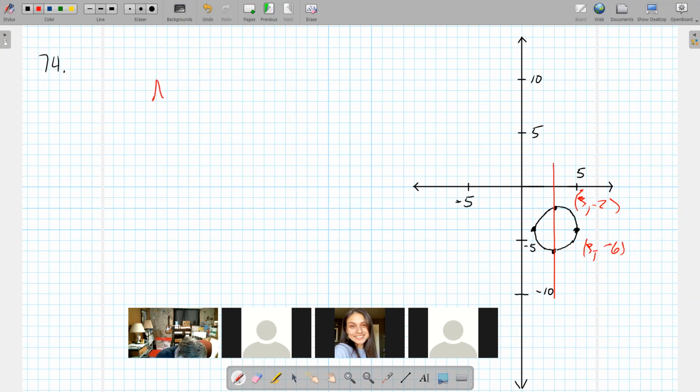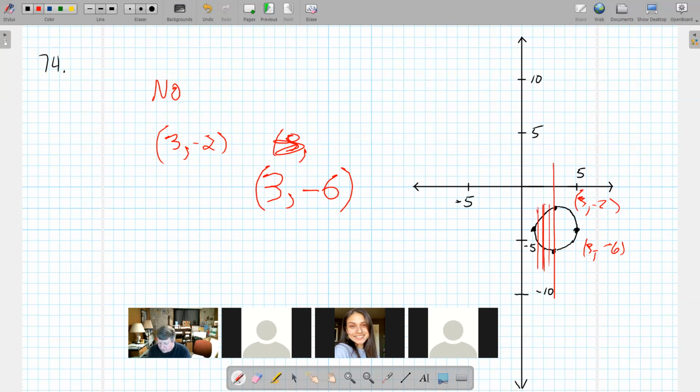So no, not a function because of (3, -2) and (3, -6). I mean, there are other values as well. I mean, shoot, it fails the vertical line test. For each x, there's more than one y. It's not a function. Okay.